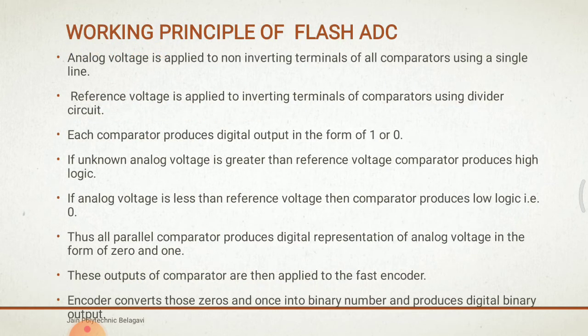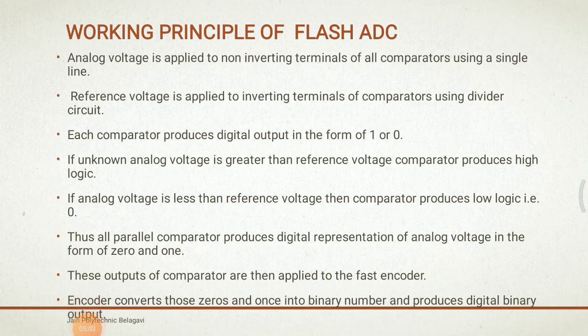So next is the working principle of the ADC. You can see here, in the flash ADC, the analog voltage is applied to the non-inverting terminals of all the comparators, and the reference voltage is applied to the inverting terminals of the comparators using a resistor divider circuit.